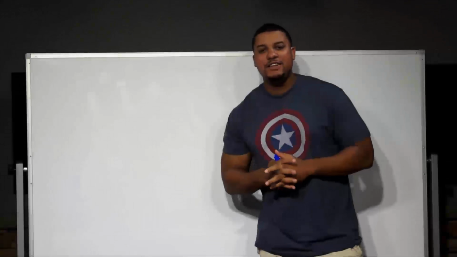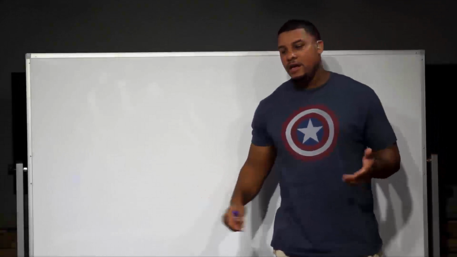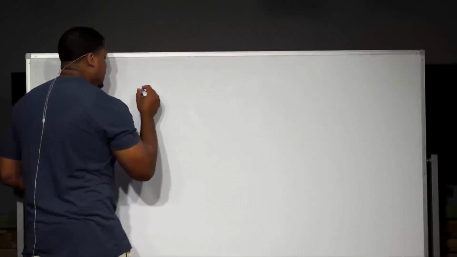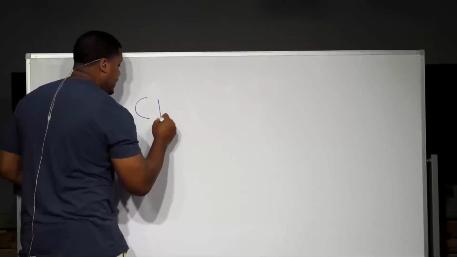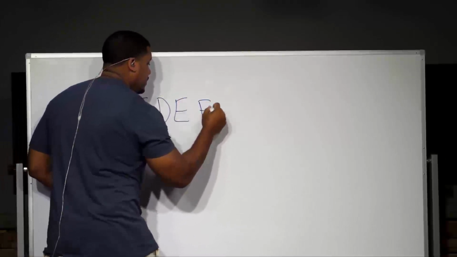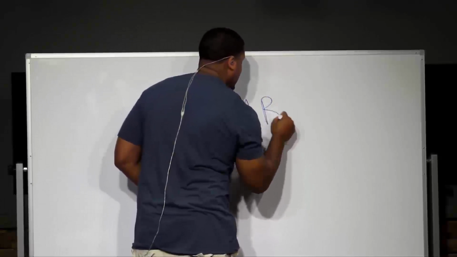Now, before we get started, I want to do a little bit of review in what we covered in part one. All right, so let's look at the C major scale. The C major scale is C, D, E, F, G, A, B, C, right? You should know that.